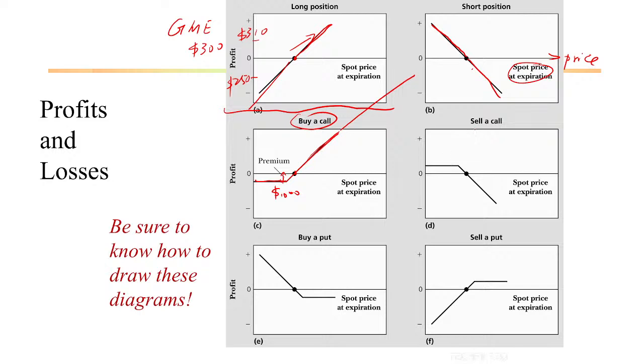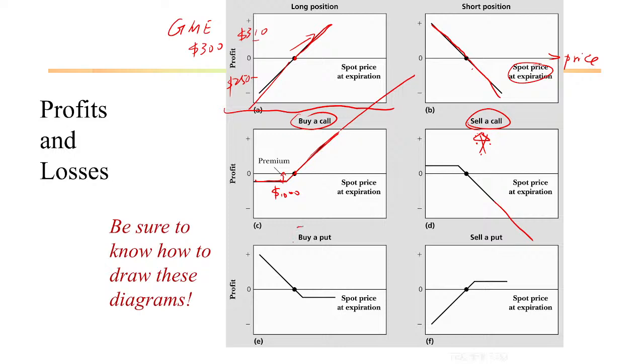However, if you are selling a call option, which is taking the opposite side of buying a call, then your loss could be unlimited. That is a short position when you are selling. Usually, you have to meet certain requirements in order to be able to write call options or put options.